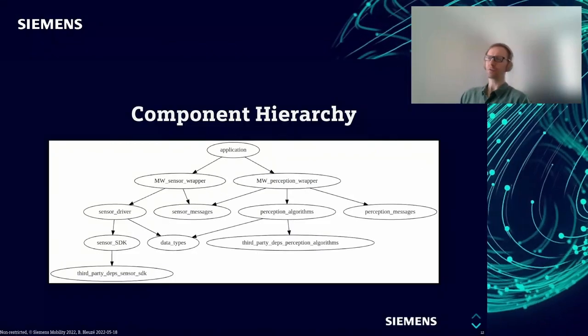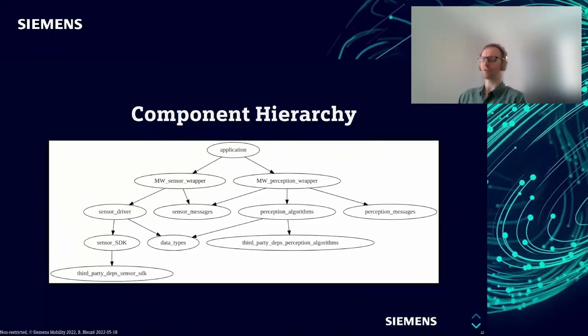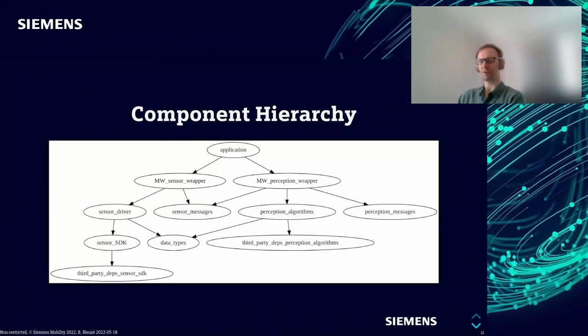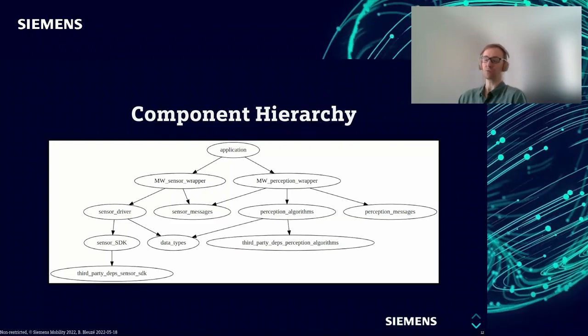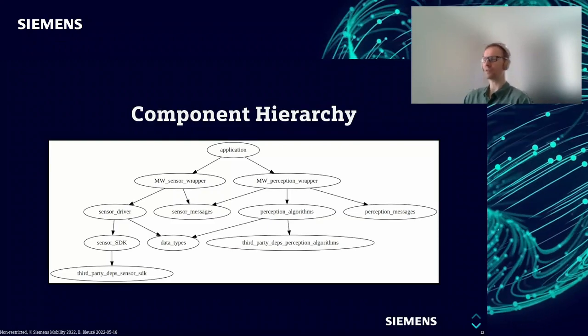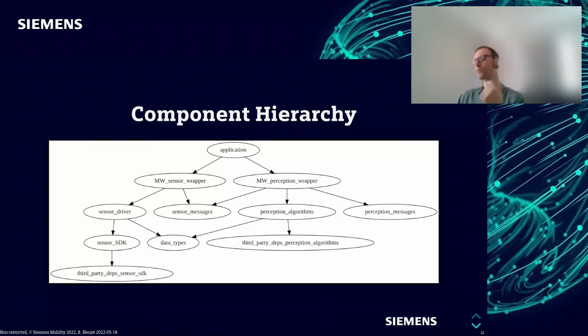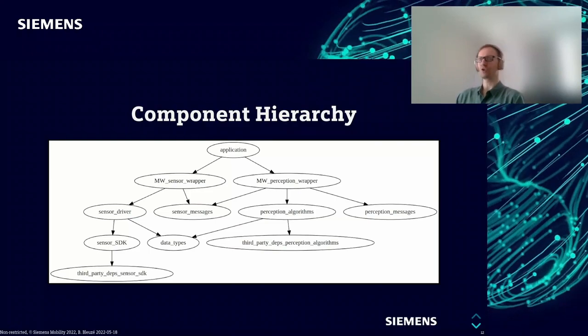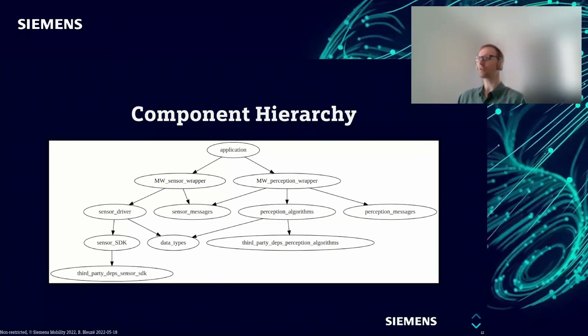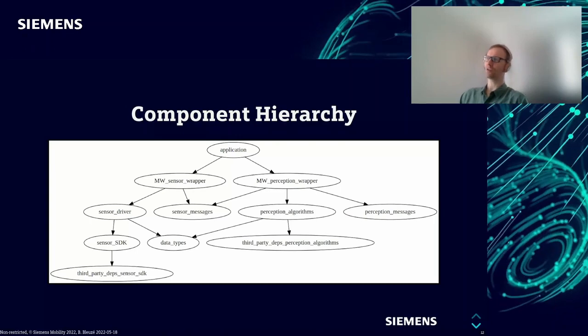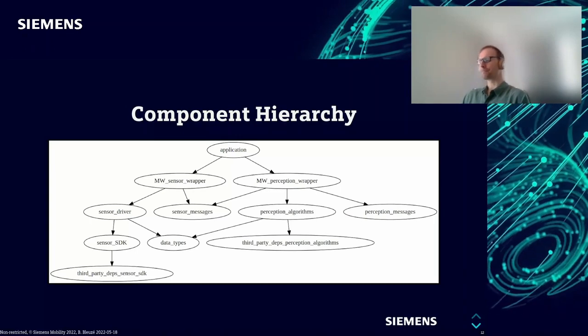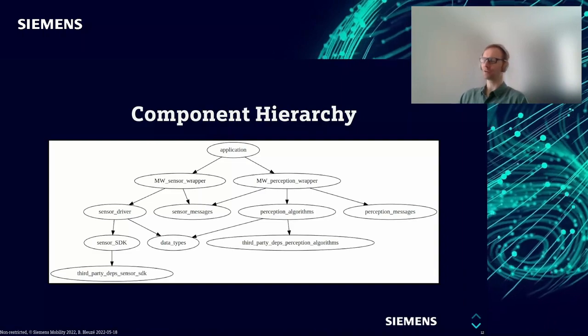At a lower layer, for instance for the sensors, you have an SDK that's given to us by the vendor. Usually it's not compiled, but it could be already compiled, and we need to wrap it in that case. It has its own third-party dependencies. We share data types between algorithms and sensors. So you see quite a lot of cross-boundary communication there.